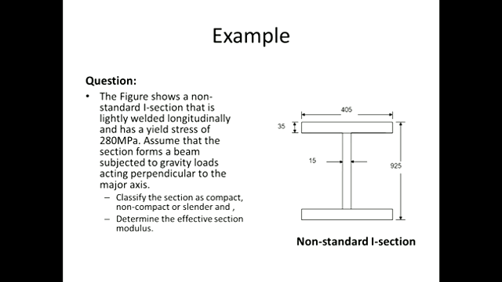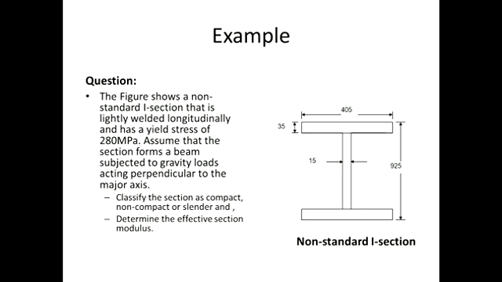So what do you think is the implication if this section is subjected to gravity loads, compared to this section being subjected to wind load, for example, from the side? What do you think is the implication of gravity loads on a section like this one?